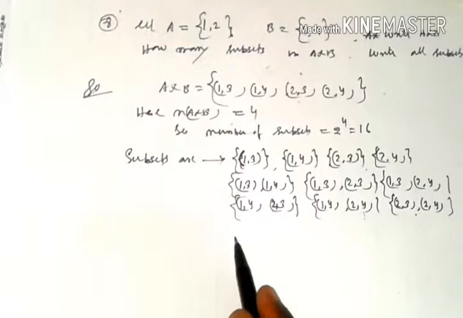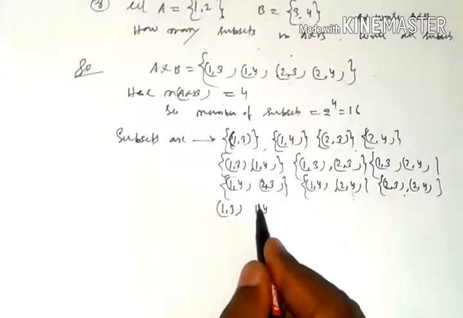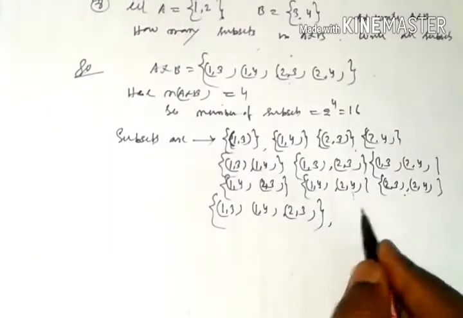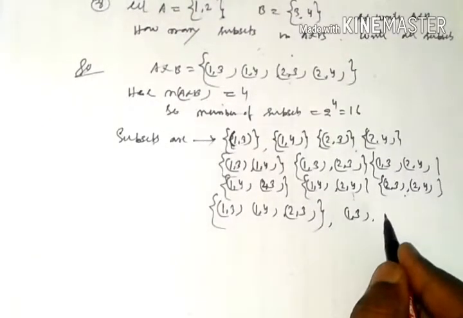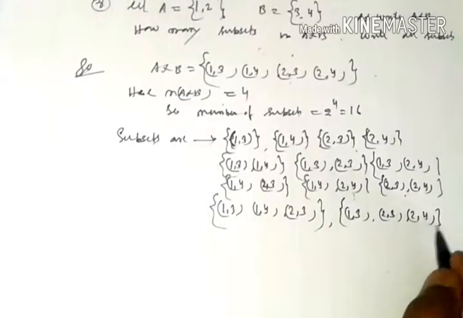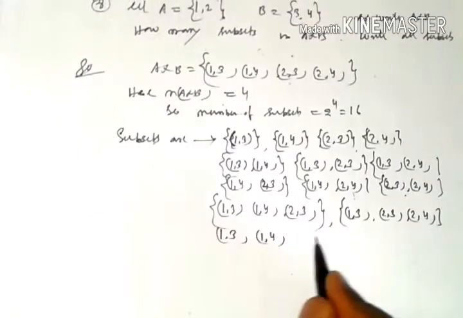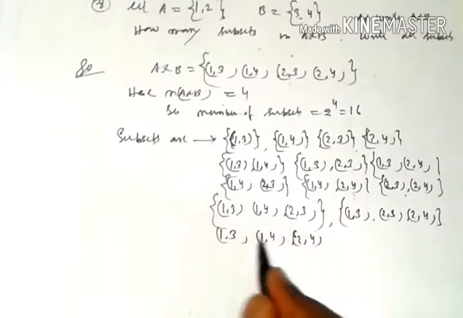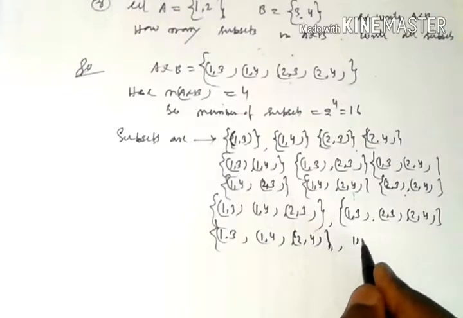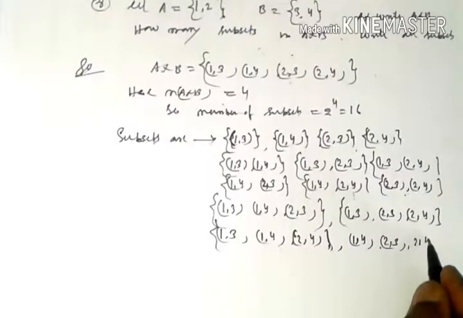By taking three elements at a time, we get {(1, 3), (1, 4), (2, 3)}, {(1, 3), (2, 3), (2, 4)}, {(1, 3), (1, 4), (2, 4)} and {(1, 4), (2, 3), (2, 4)}.